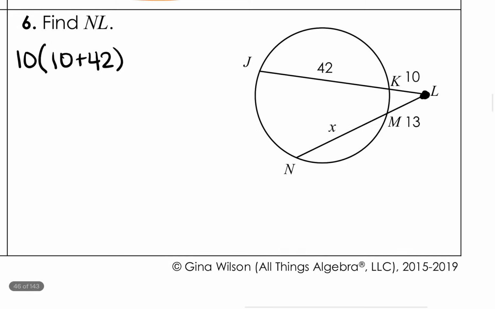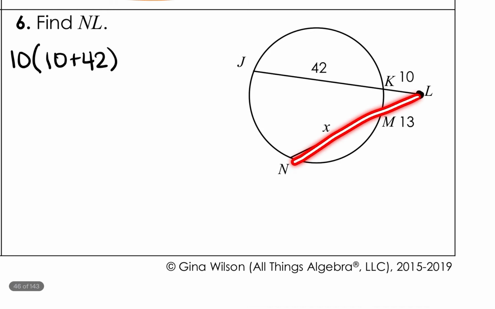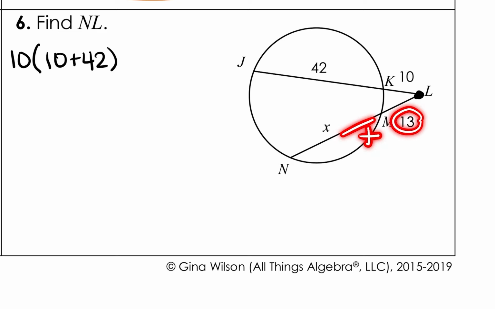So it's 10 times 10 plus 42. And then on the other segment, it is 13 times 13 plus x.